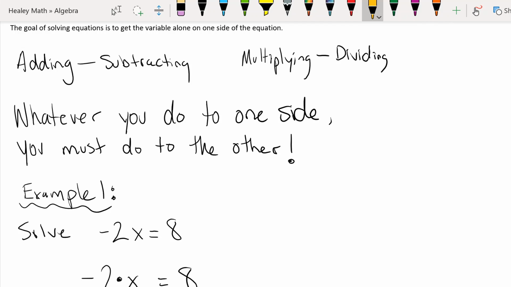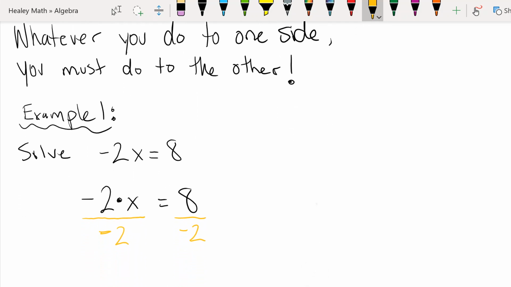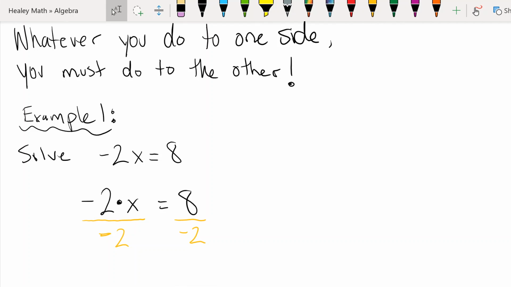We need to use opposite operations, so to get x by itself, we can divide by negative 2. And remember, what we do to one side, we must do to the other. Negative 2 divided by negative 2 is 1.